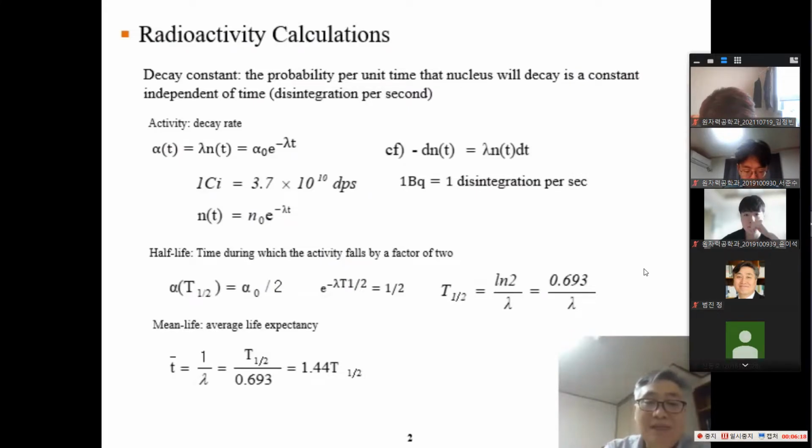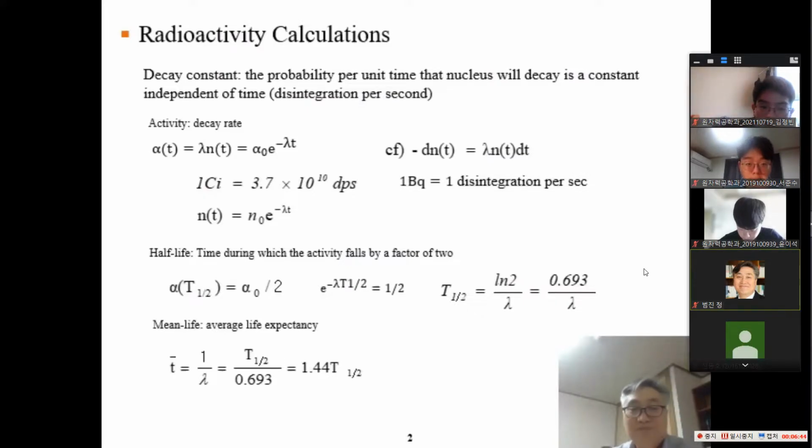Initially we have N0 elements, but after time t, it decays, and exponential minus lambda t is lower than 1. That means it is reduced to N0 times exponential minus lambda t.